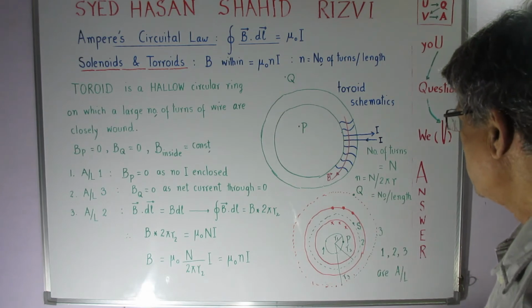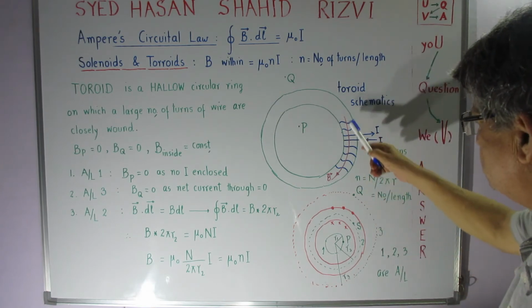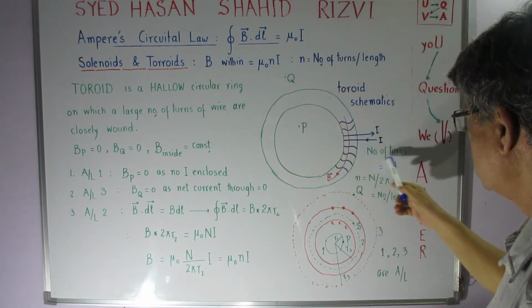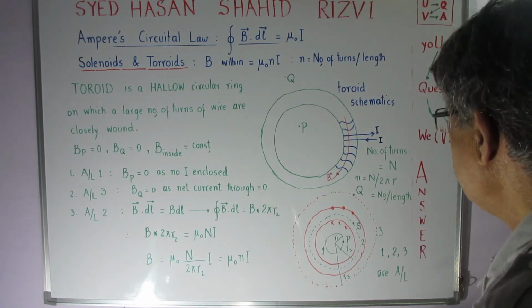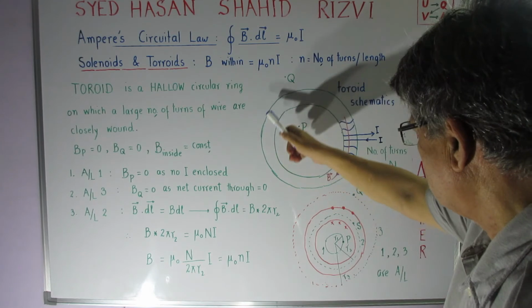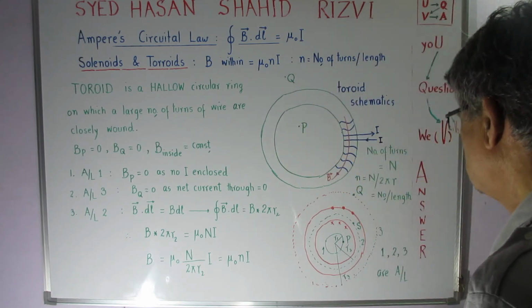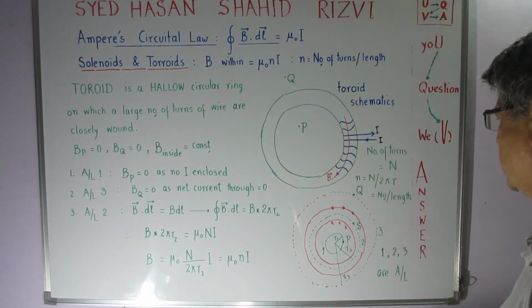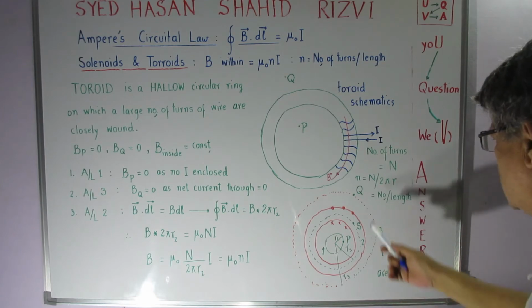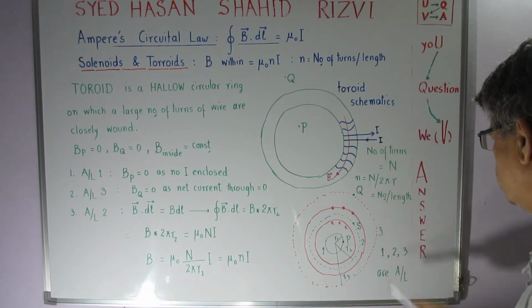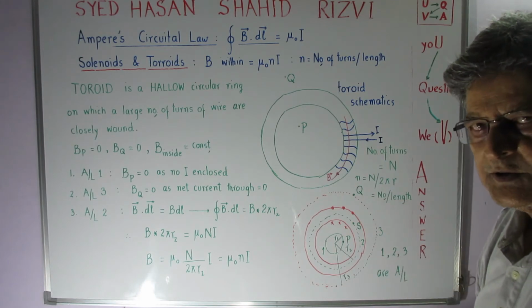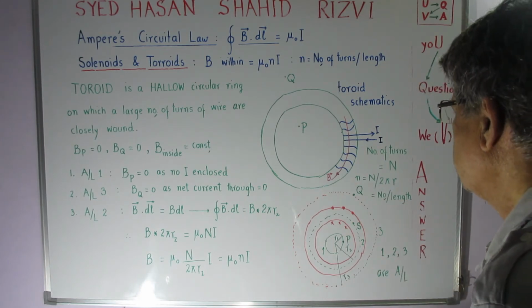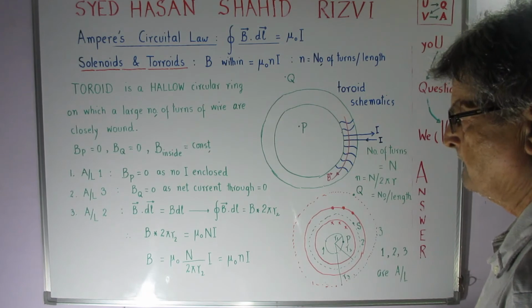The number of turns over the whole thing is capital N. And if I take the length of the toroid over here, then we'll have the number of turns per unit length, which is equal to N upon 2 pi r, where r is taken as small n.